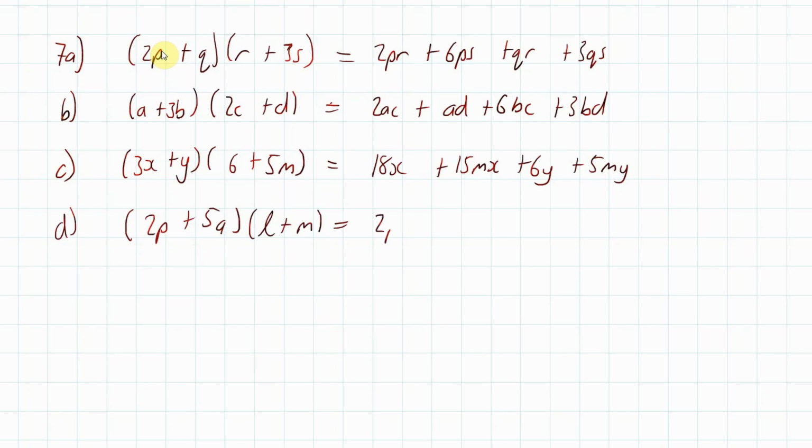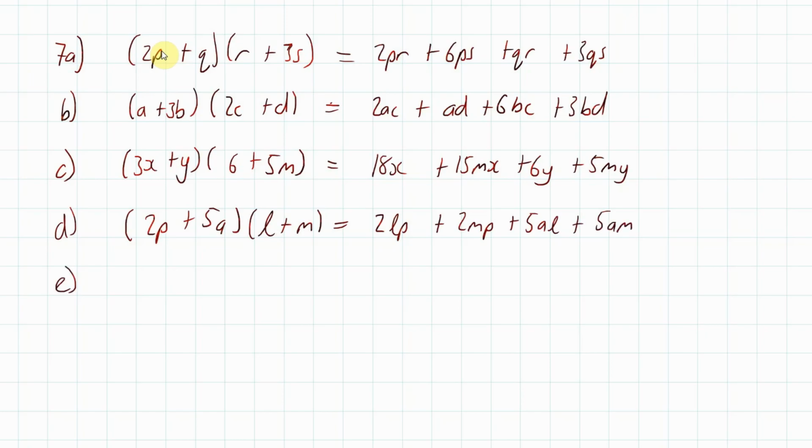So it's going to be 2PL, and then we go outers, so that will be 2MP, and then we'll go inners, which is 5QL. Then we will go last, which is 5QM, and again we can't simplify any further than that.